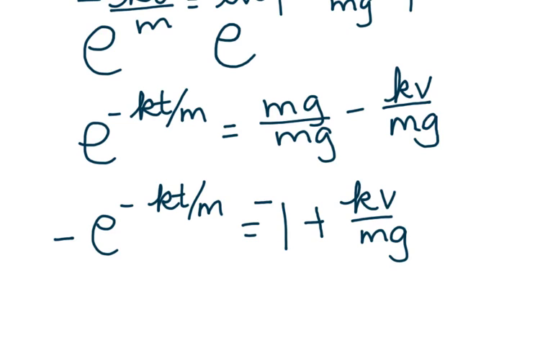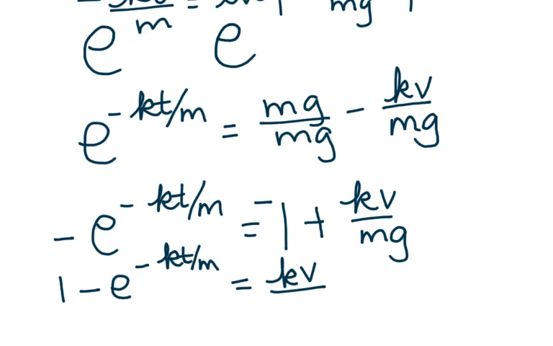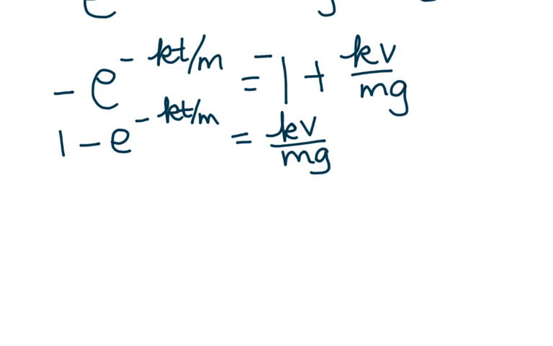And when I do that, I get this. My last step is I'm going to multiply both sides by mg over k.